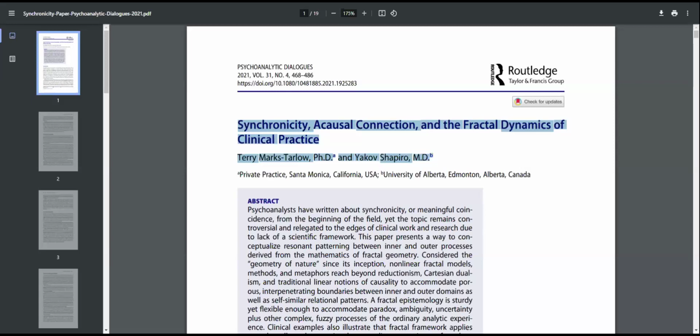I will only add one quote here from Synchronicity, acausal connection, and the fractal dynamics of clinical practice. On the first page, which will be 468.